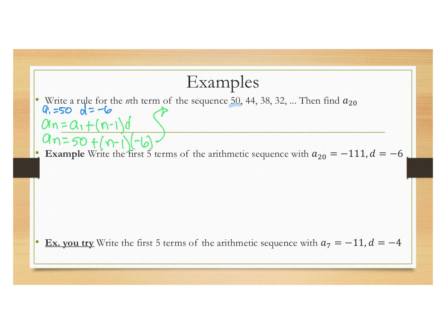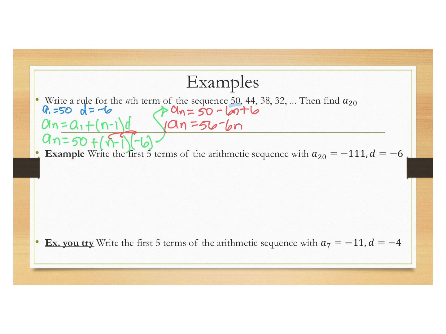So we'll distribute the negative 6 through the parentheses. Okay, so a sub n equals 50 minus 6n plus 6. And then we just add like terms. A sub n equals 56 minus 6n.